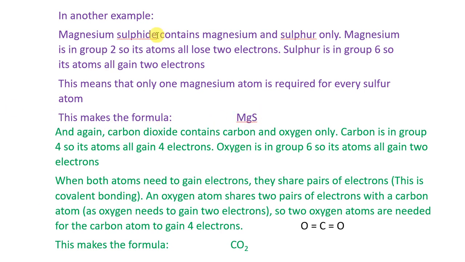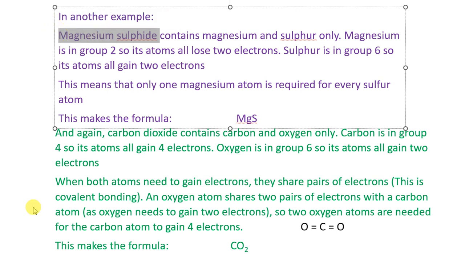And just to say, in magnesium sulfide, the names of the elements used in the formula are given. Magnesium sulfide tells me it contains magnesium, sulfur, and the -ide is a little code, nothing else. Period, full stop, that's it. So my formula will be MgS, 1 magnesium atom providing 2 electrons, 1 sulfur atom gaining both.